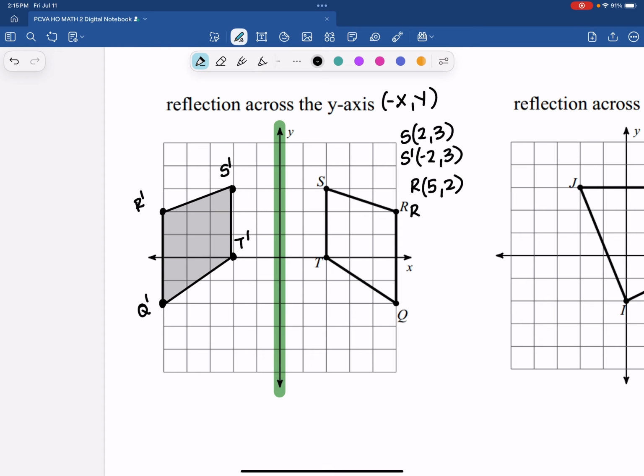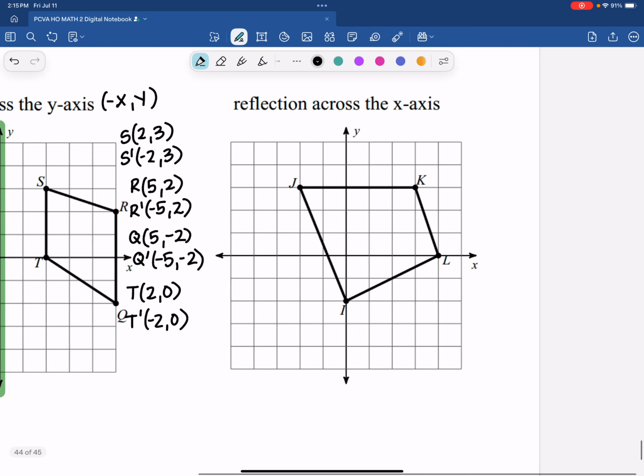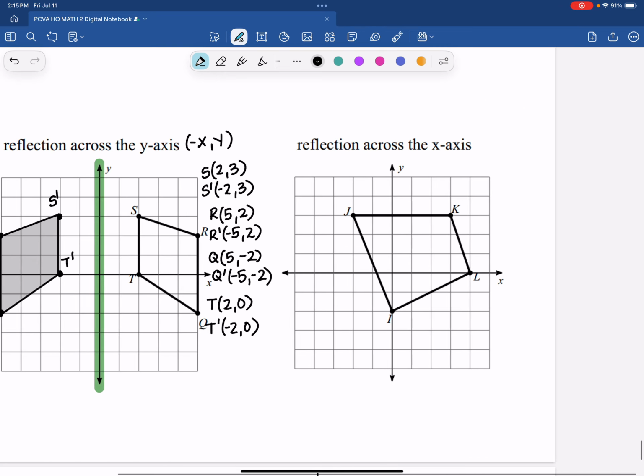So R prime would be located at negative 5 and 2. Same thing with Q. Q is located at 5, negative 2. So Q prime would be located at negative 5 and negative 2. So you're just changing the sign of the x's for those. And then finally we have T. T was located at 2, 0. So T prime would be located at negative 2, 0. So again, both ways work with the rules, or you can do the distance.